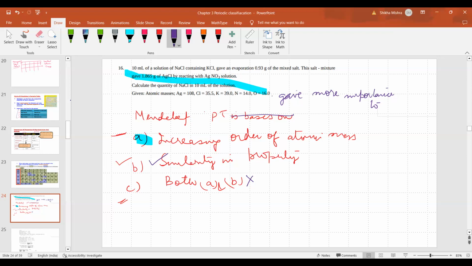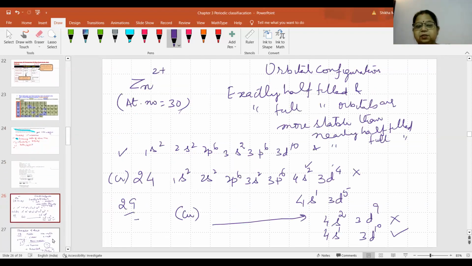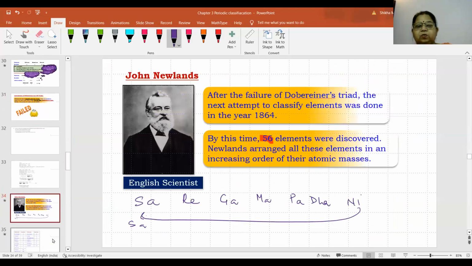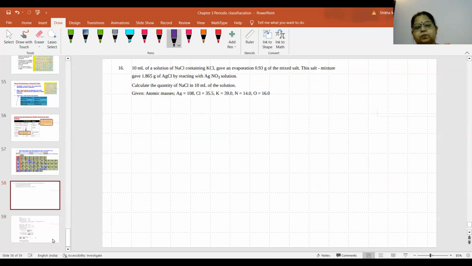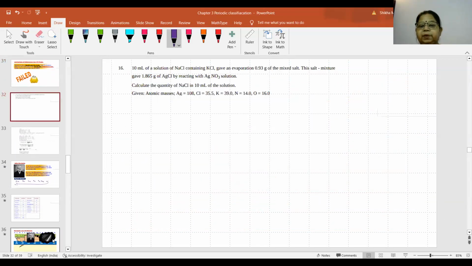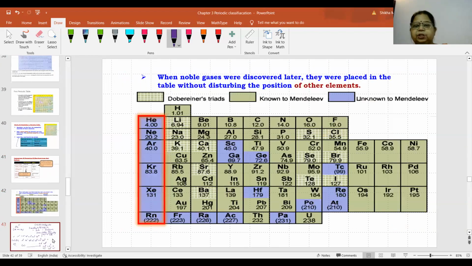Yes, ma'am. Okay, because you'll find this chapter a bit theoretical compared to our chapter number 1, which had so many numericals. This one has a lot of theoretical things to understand. Right? Now, moving on to the modern periodic table. I believe there will be no confusion if we start the modern periodic table now.